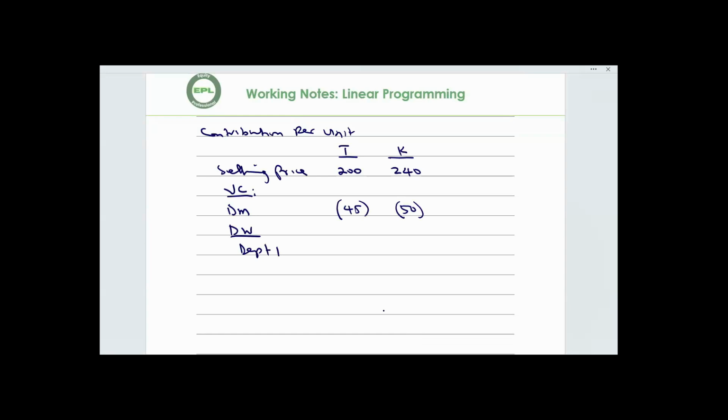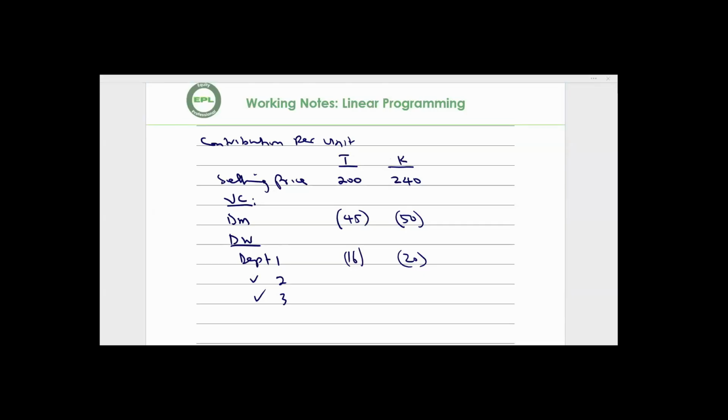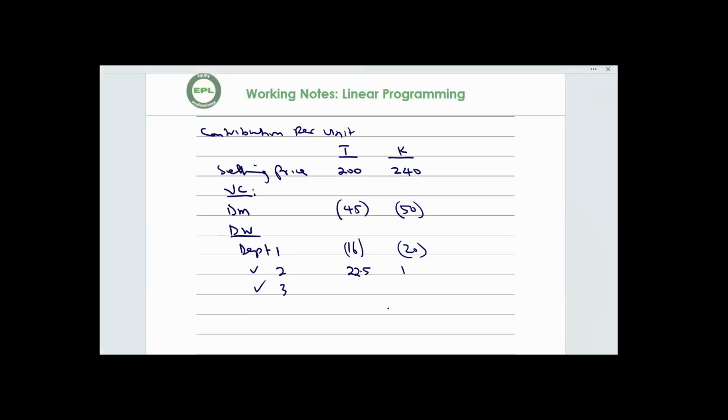Department 1, direct wages, according to the question, is 16 and then 20. Then Department 2, we have direct wages of 22.5 and then 13.5.